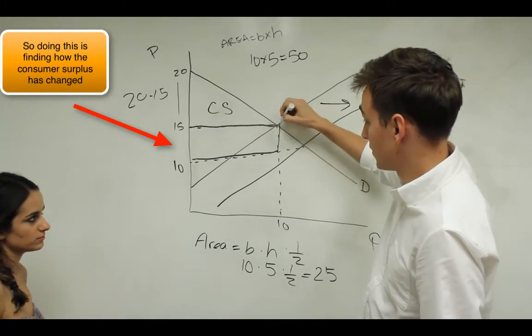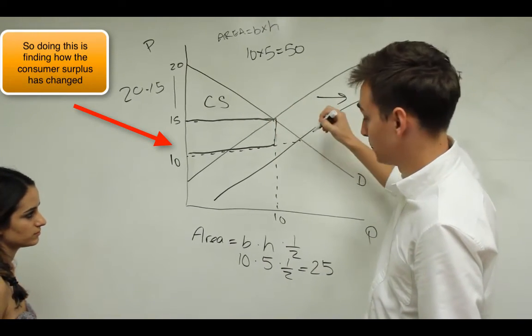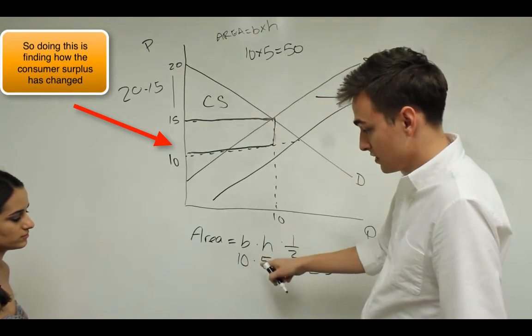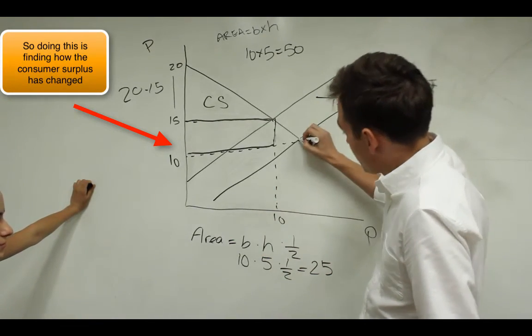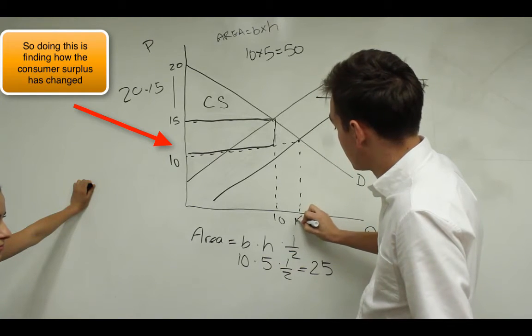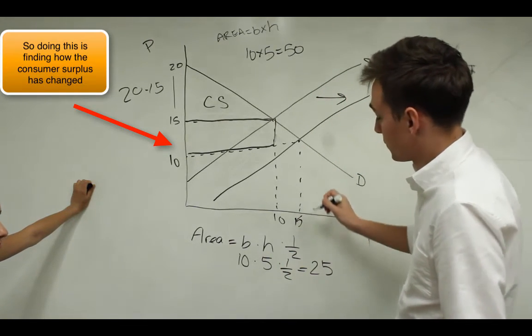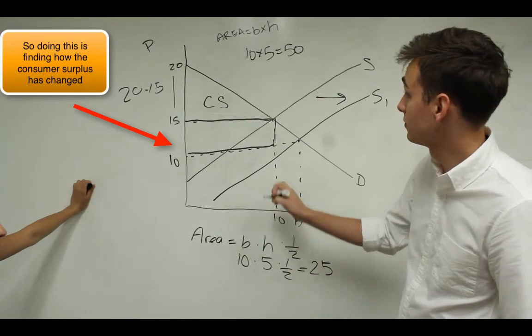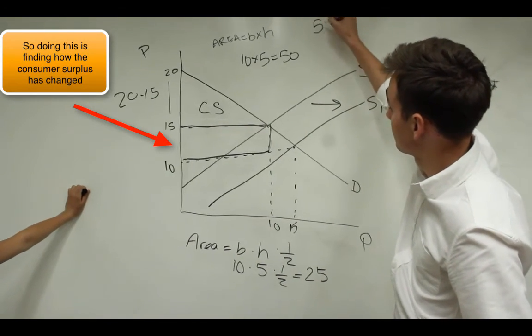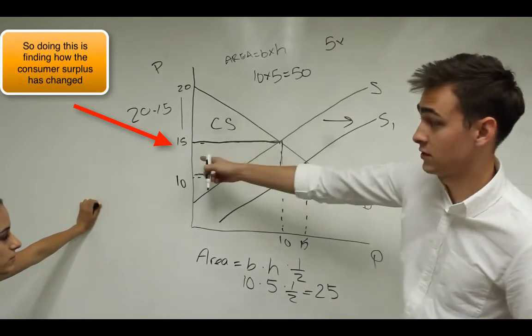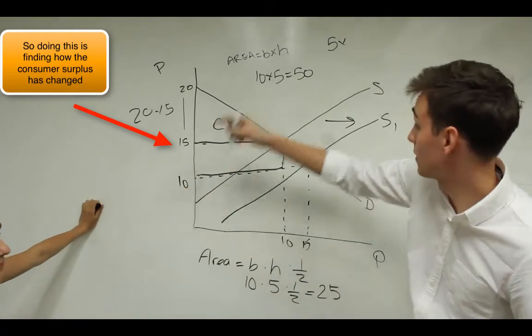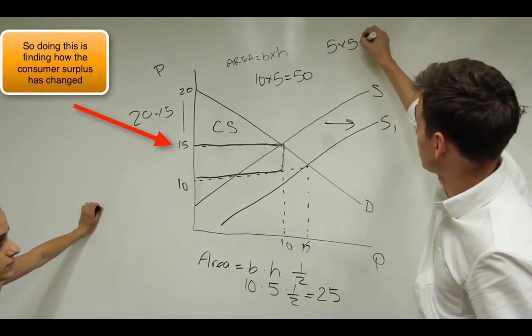Now we've got to find this little triangle right here too, which is base times height times 1/2. We're going to have the new quantity. Let's just say that this new quantity is 15. So the base here is 15 minus 10, so that's 5. And the height is 15 minus 10 also, which is 5, times 1/2.